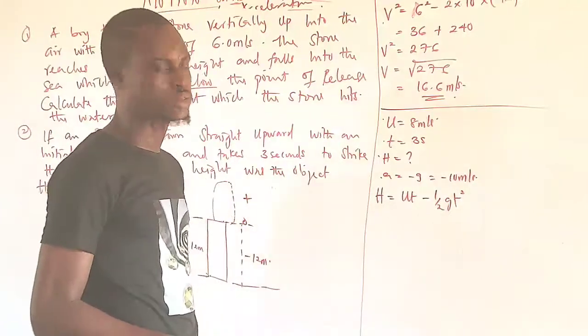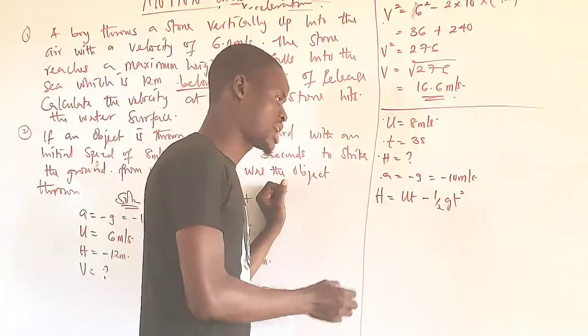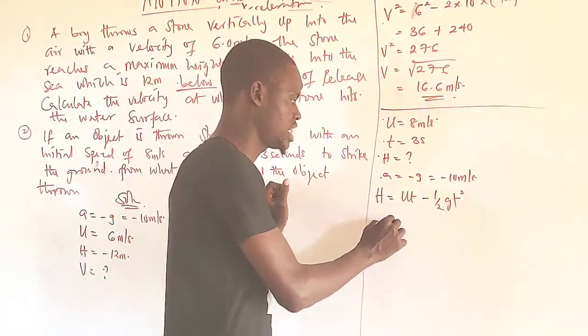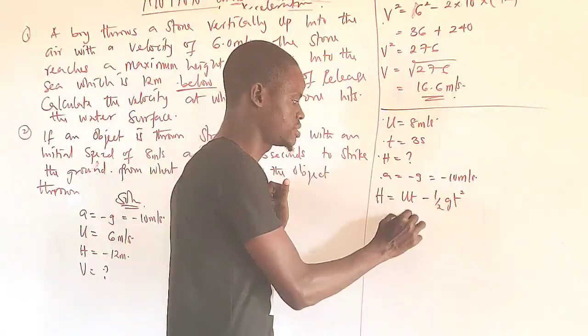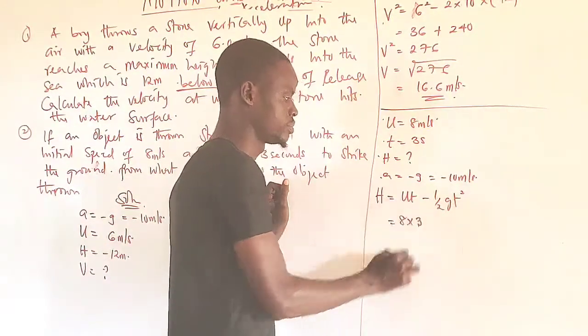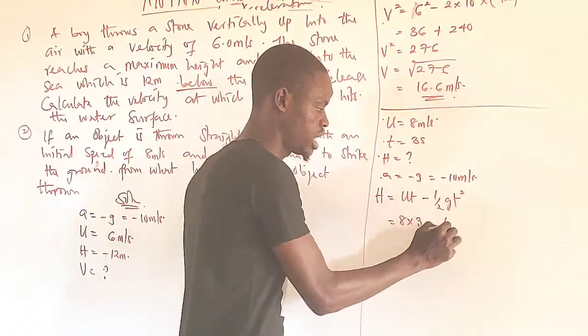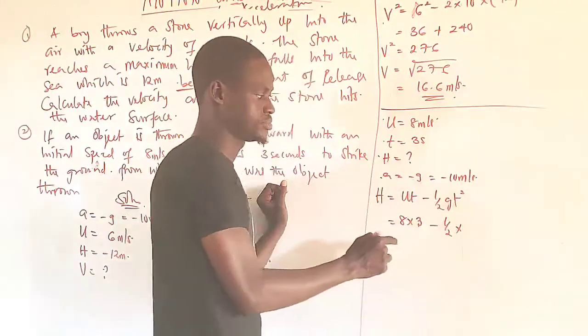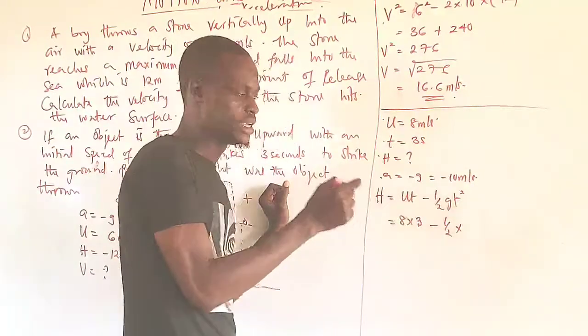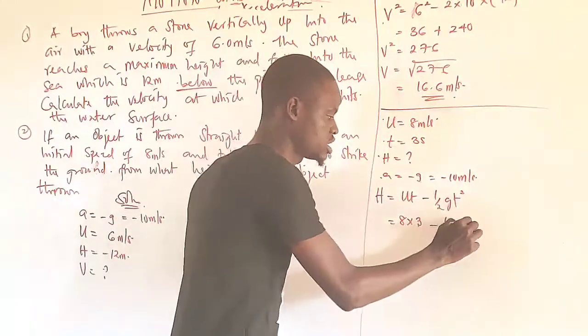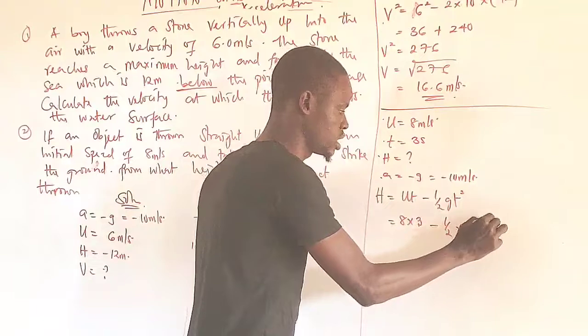Now let's continue. From here, I can easily have u equals 8 times t, which is 3, minus half times g, which is 10, times t squared, 3 squared.